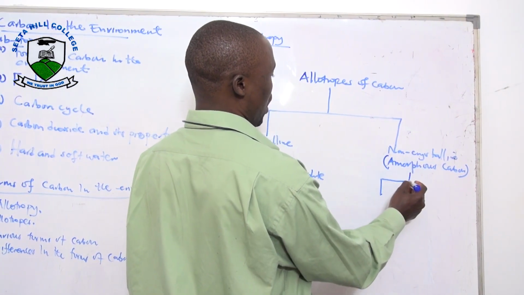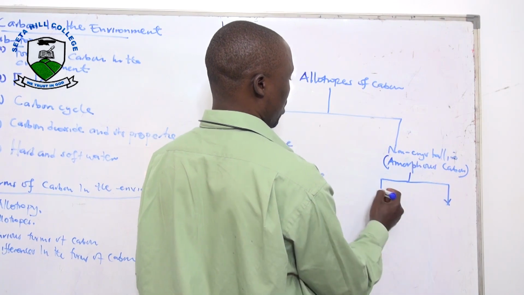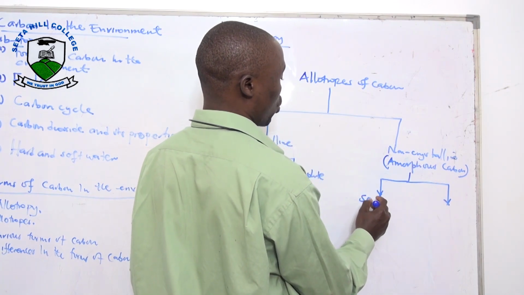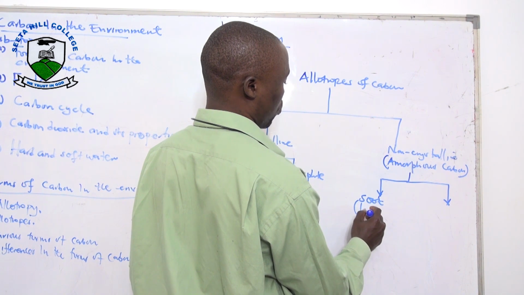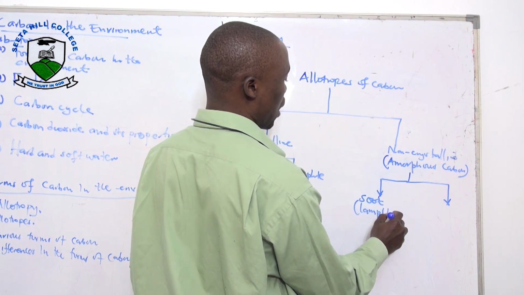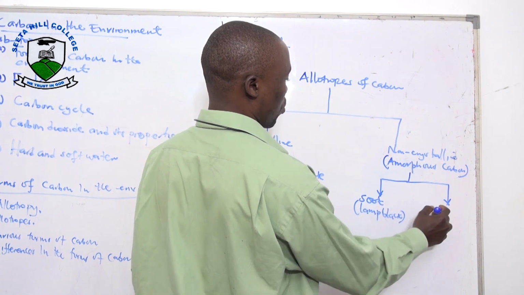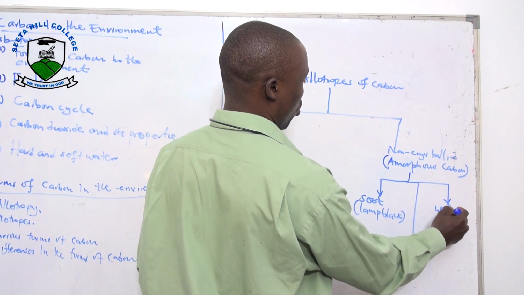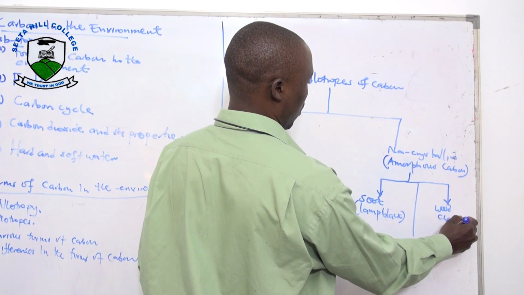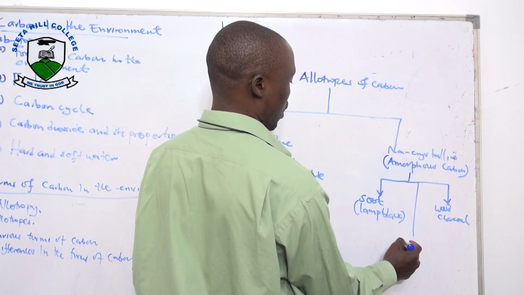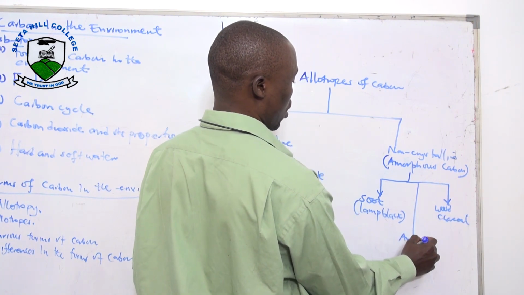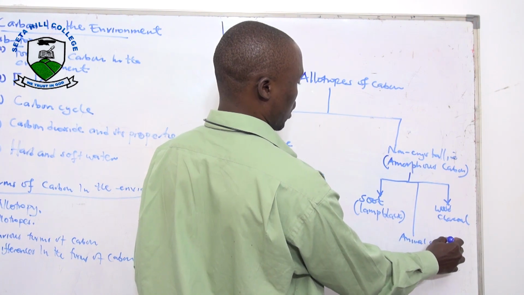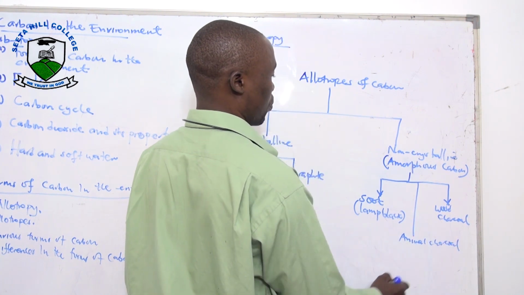Under these amorphous forms of carbon, we have soot. Is the soot having a shape? No. It's called lamp black. There are so many. Wood charcoal, that charcoal you use at home. Animal charcoal.